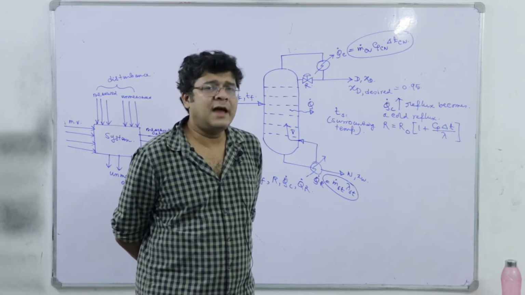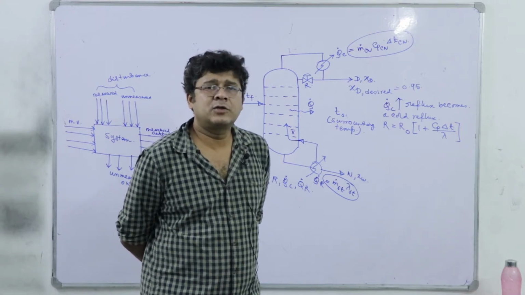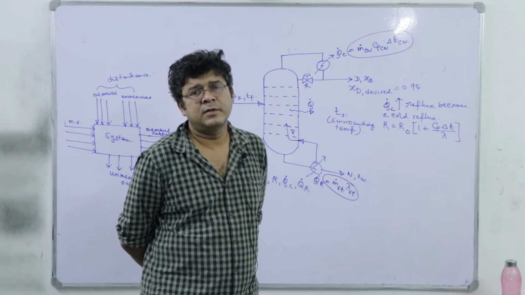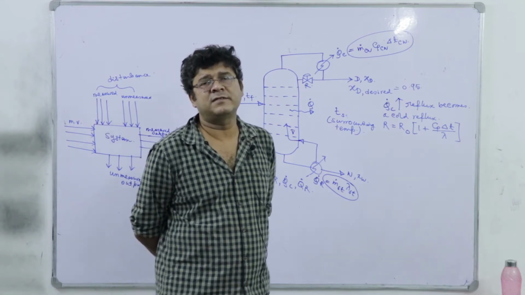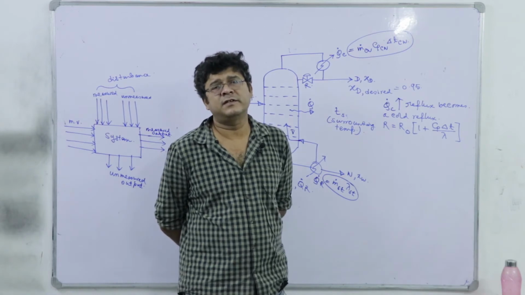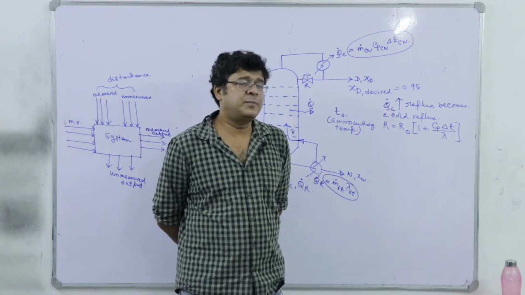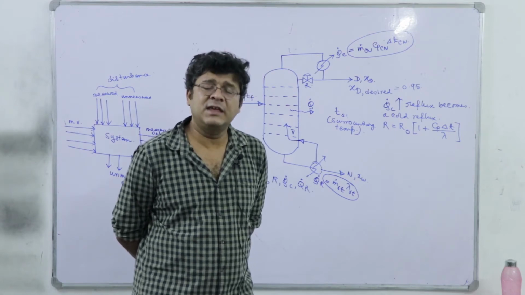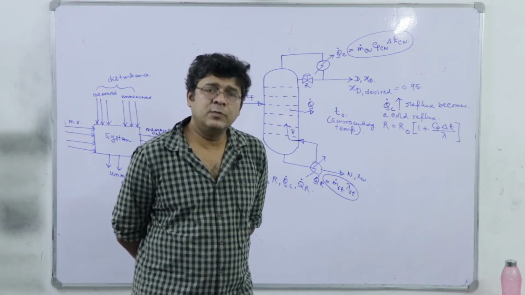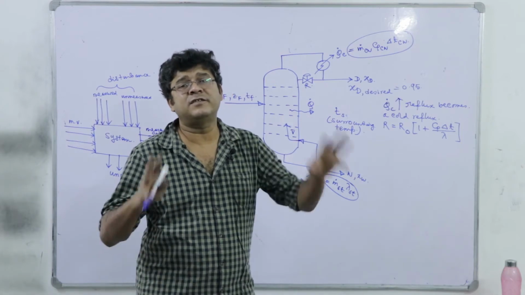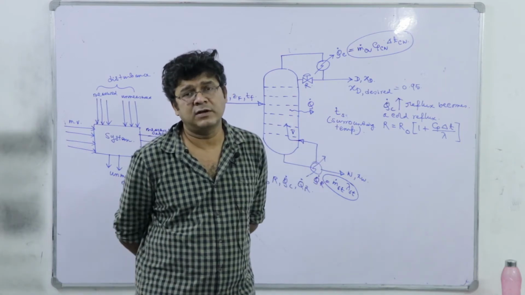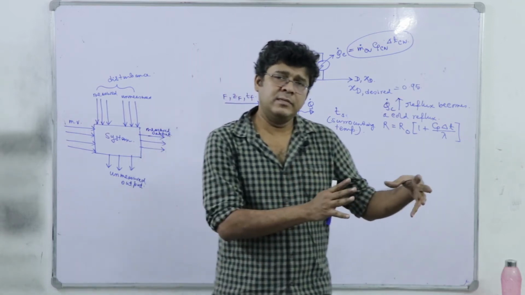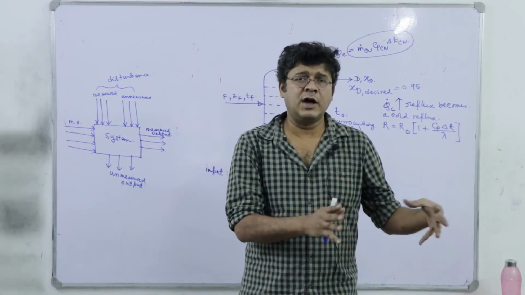That is why in total reflux the number of stages is minimum. Total reflux means the reflux ratio is infinite and the number of stages is minimum. So if I operate a column with a given number of stages at total reflux, I will reach the maximum purity of my product. That is an answer to the simulation question from our knowledge of design.